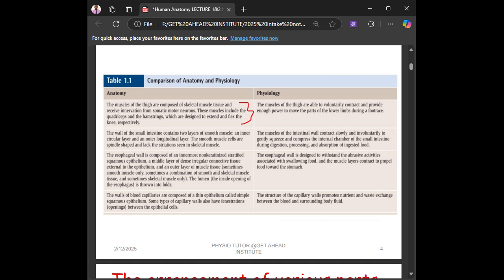These muscles include the quadriceps and the hamstrings, which are designed to extend and flex the knee respectively. Now, when you come to physiology, physiology will tell you that the muscles of the thigh are able to voluntarily contract and provide enough power to move the parts of the lower limbs during a foot race. So that is how physiology and anatomy differ.